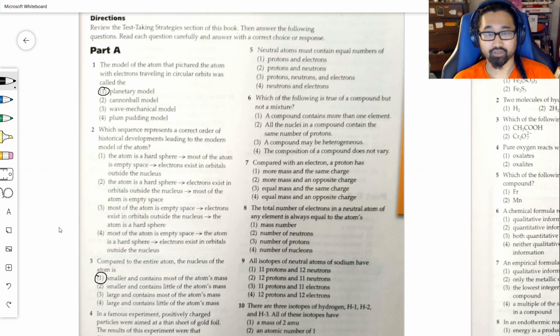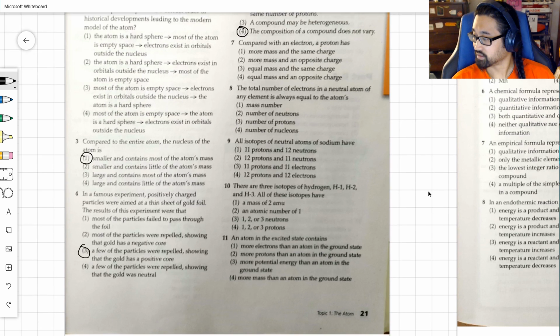Number 5, neutral atoms must contain equal numbers of protons and electrons. Which of the following is true of a compound, but not of a mixture? The composition of a compound does not vary. The composition of a mixture could vary. Right. Number 9.